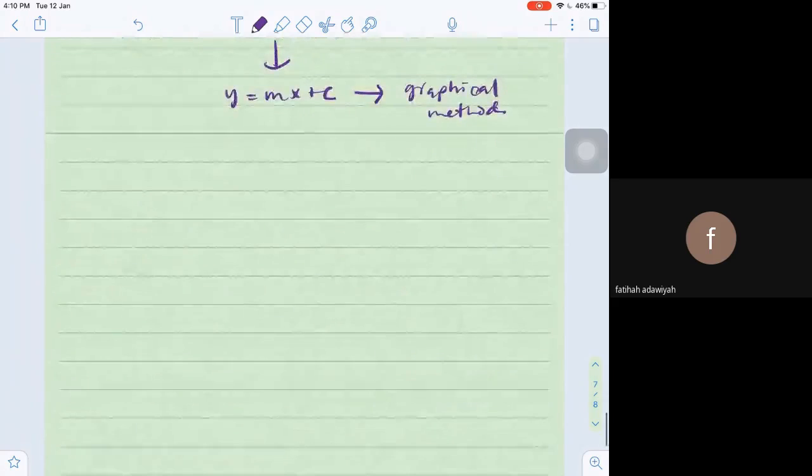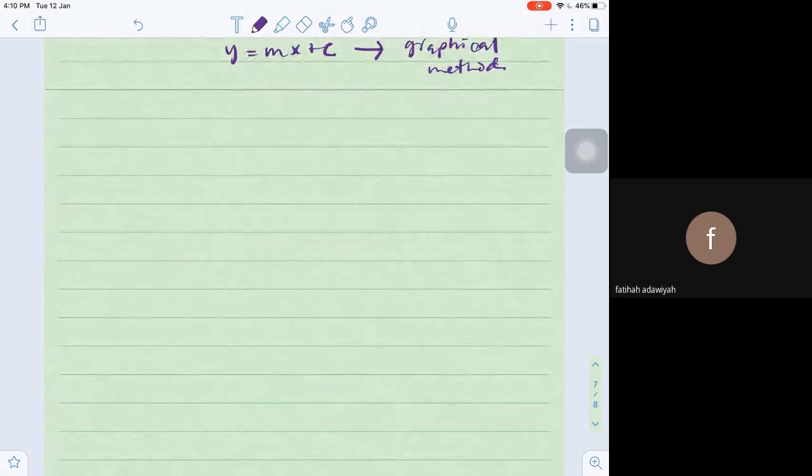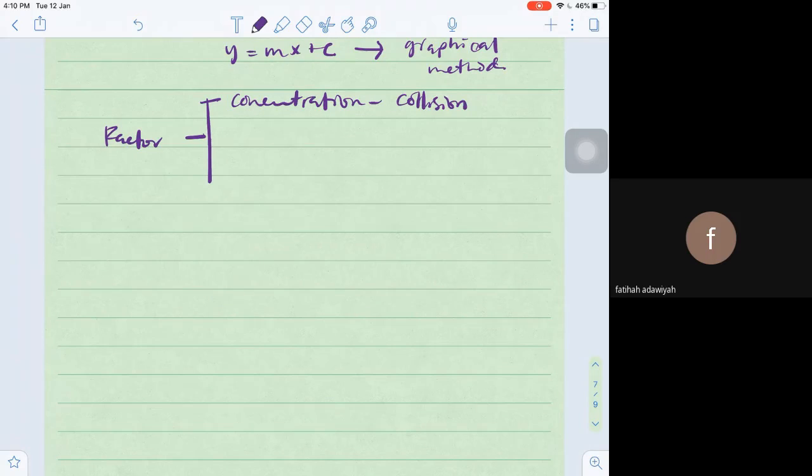After this, we look at three factors that affect the rate of reaction. We discuss in detail the factor of concentration, where we talk about the collision theory, in which for the reaction to occur, the particles need to collide.